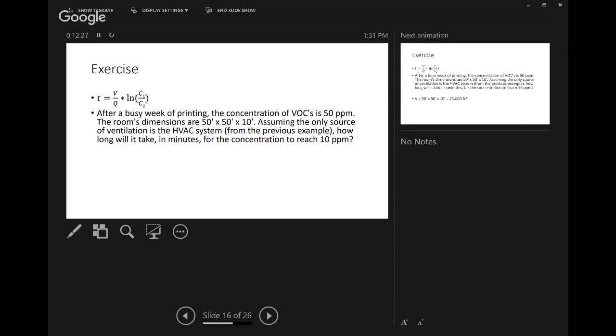Translating it to English or something easier to understand: 10 to what number will give you 100? And what's the answer to that? 2. So if I punch in log 100 on my calculator, it's going to give me 2. So that's what it's asking: 10 to what number is going to give me 100?